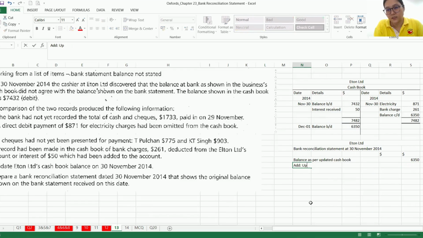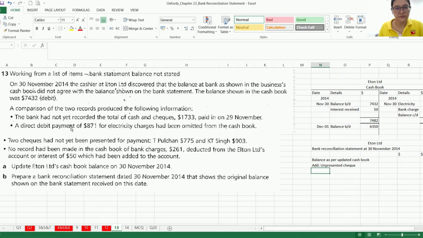Unpresented cheques. I normally start from the updated cash book. So what are the unpresented cheques we have in the question here? We have two cheques that have not yet been paid, which is T Chan, and then another one is PT Singh.